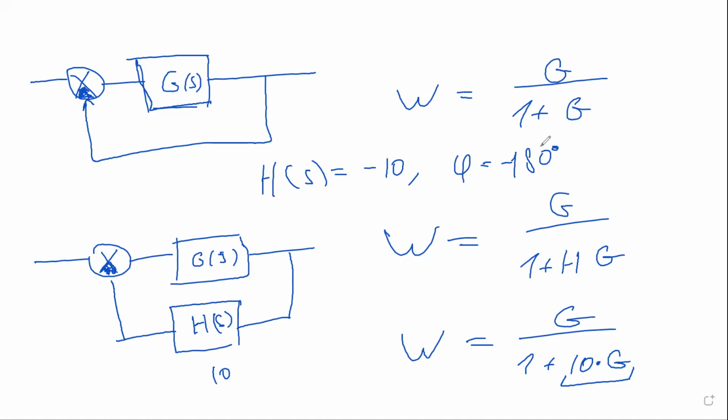And suddenly, in order to blow up, this would have to be not -1, but 1. So what I'm saying is, the controller, this guy, can shift the phase and change the amplitude of this guy.